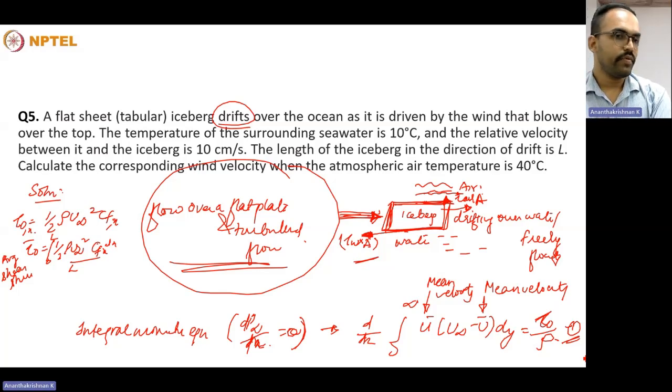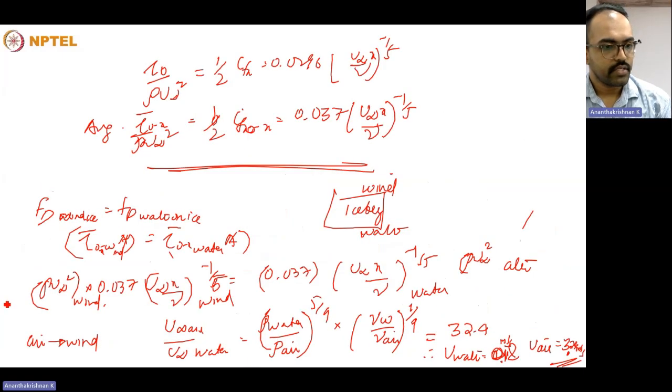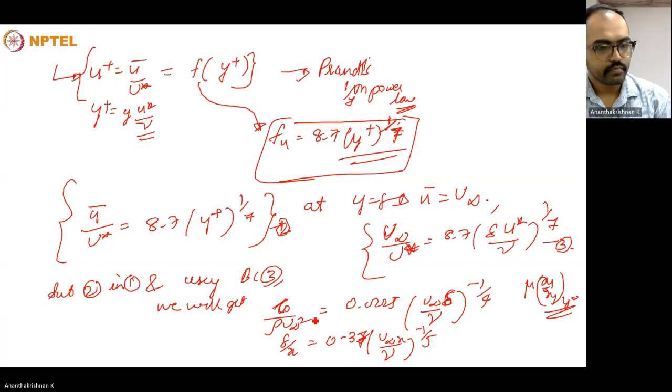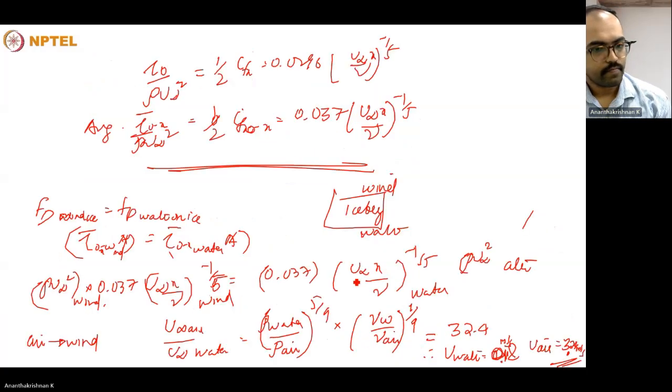We can have a relationship between delta and x, and then we substitute that. We can get the value of shear stress in terms of x. And using these two, we can finalize an equation for shear stress and then substitute it straight away. So the average shear stress is of the form of this one, and we substitute and get the value of the velocities.